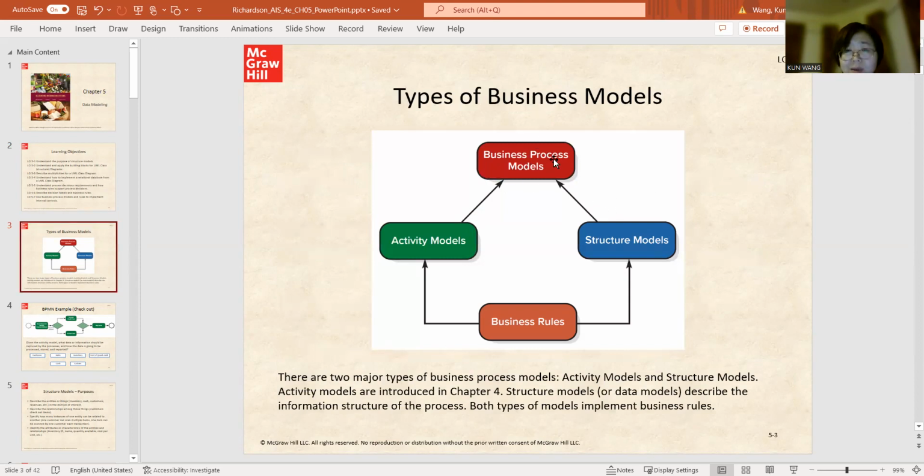Business process modeling includes the activity models and the structure models. As we just recalled, activity models focus on the transactions, activities or process.